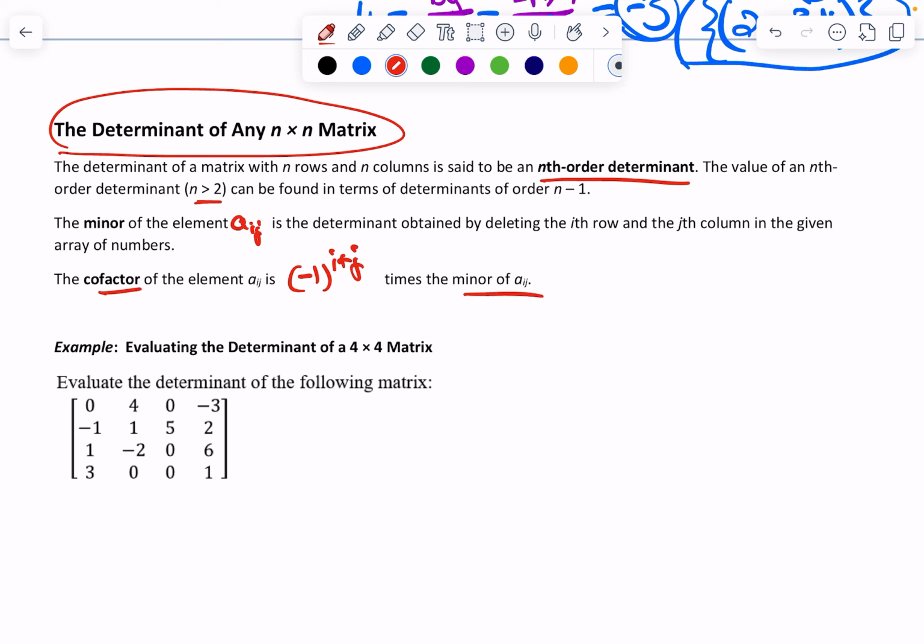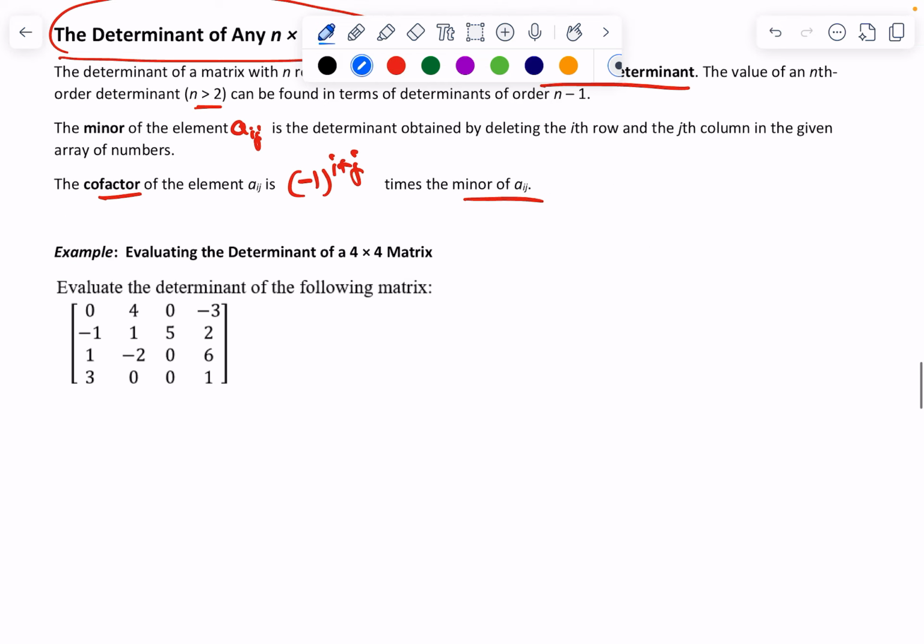Okay, let's see what this means. So we are evaluating the determinant of the following matrix. So it's a 4 by 4 matrix. So what we're going to do here is, the cofactor of the element is negative 1 to the power of i plus j.